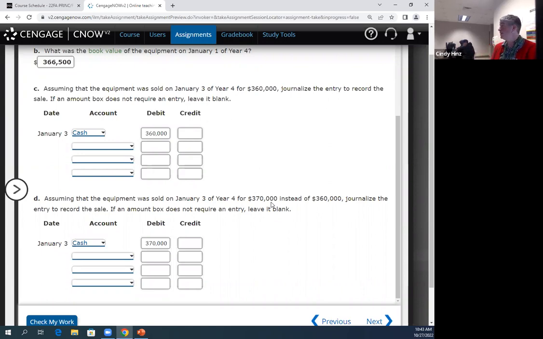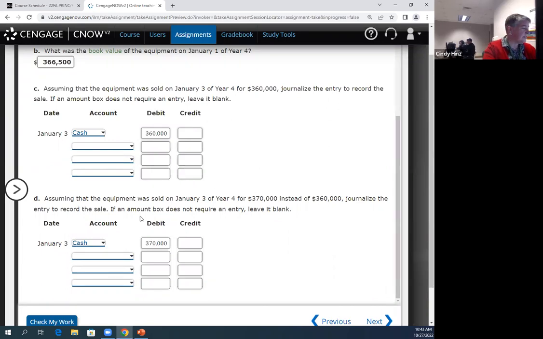If we are selling this equipment, we need to remove the equipment from our balance sheet. And at the same time, we need to remove that accumulated depreciation related to the equipment. We don't have it anymore. We need to get it off our books.